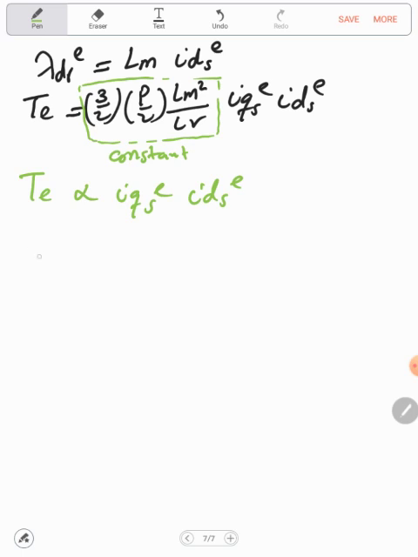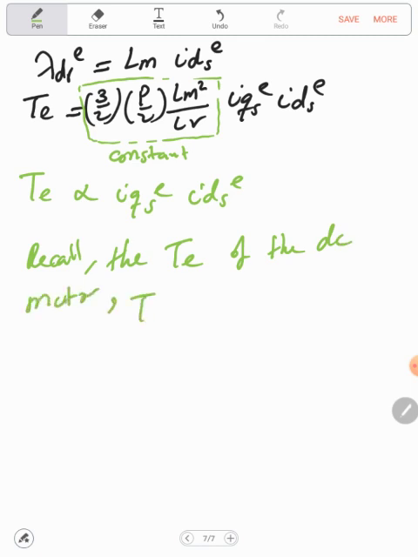Now if we recall the Te of the DC motor, where Te is proportional to IA IF.